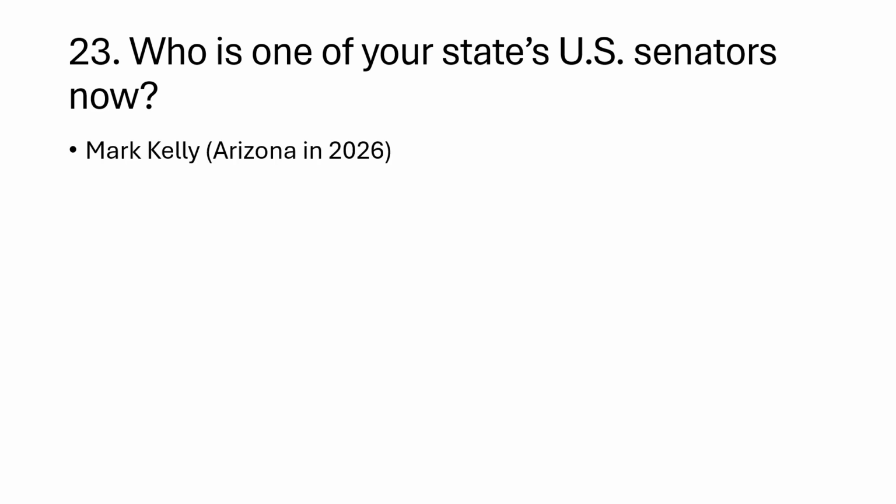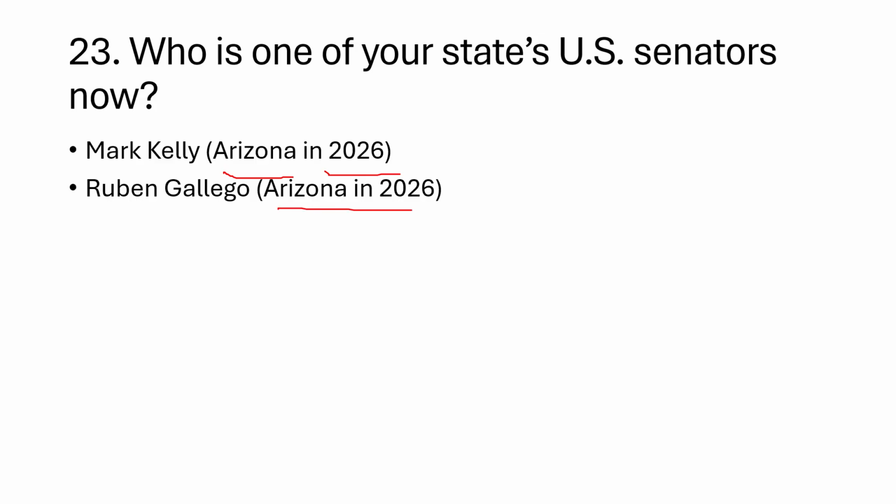Right now, in Arizona, in August 2026, one of them is Mark Kelly, and the other one is Ruben Gallego. That's Arizona 2026. This is where I'm sitting while I'm recording this. But this can change. You should go to Google, for example, and ask the question.